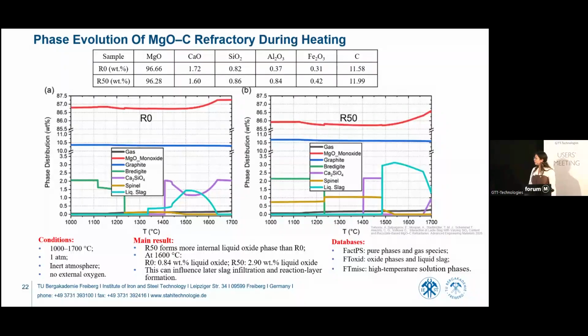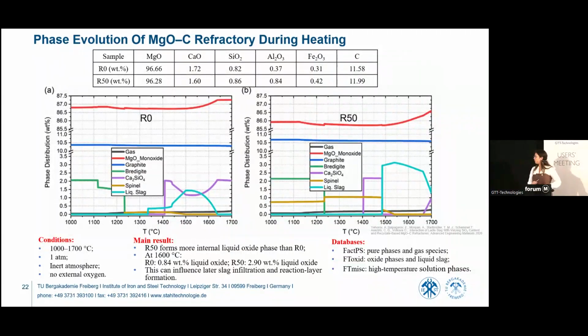The second example is about a refractory during heating. Here I simulated the phase evolution of two refractory compositions during heating, and the calculation was performed in FactSage 8.1 from 1000 to 1700 degrees Celsius.